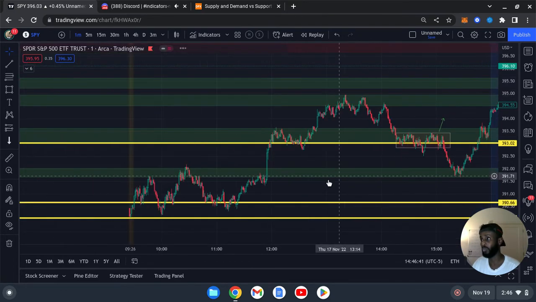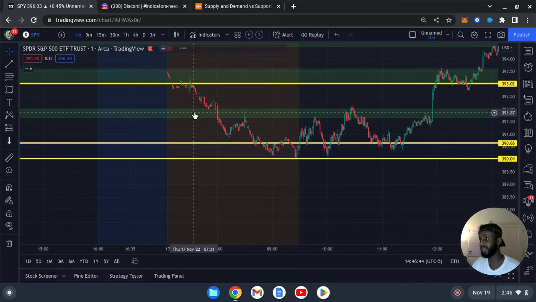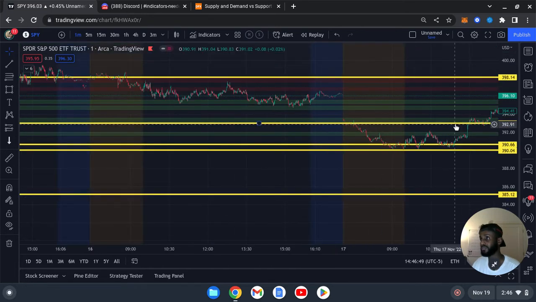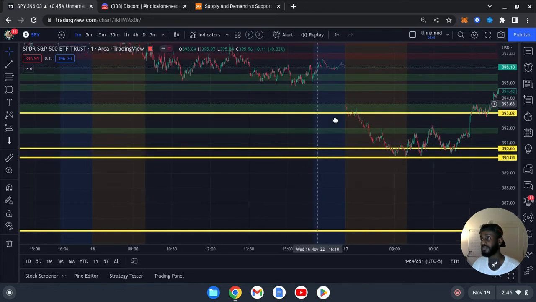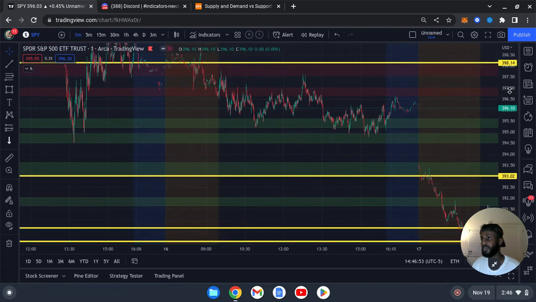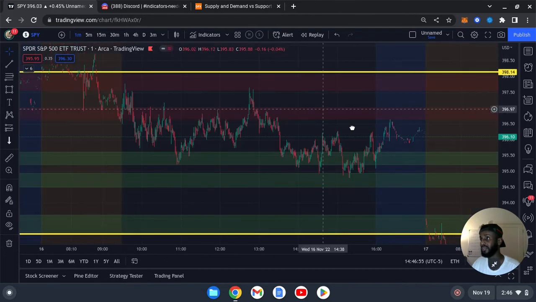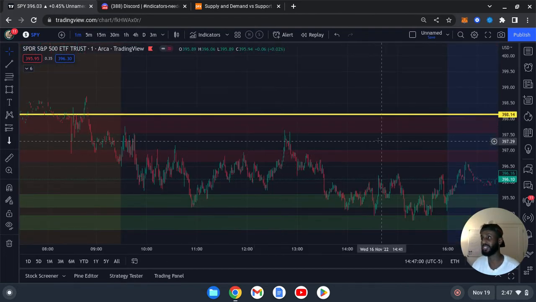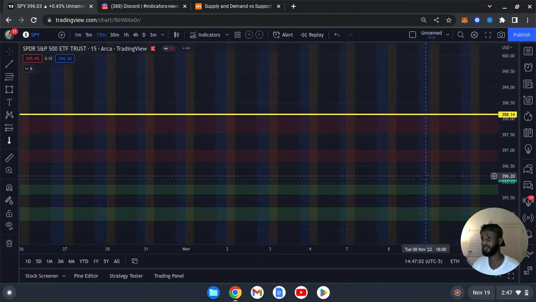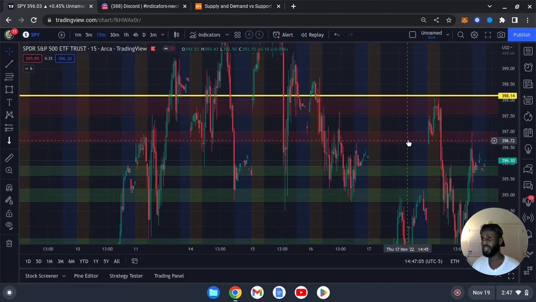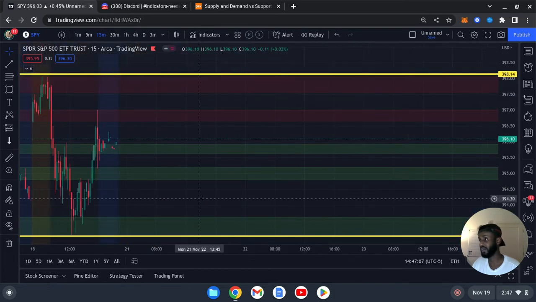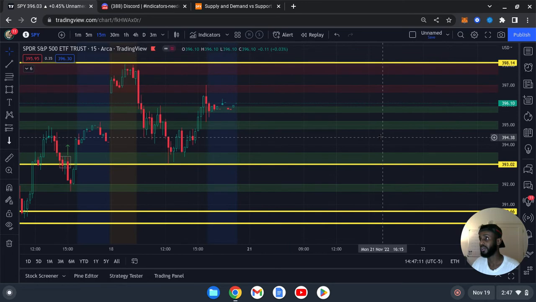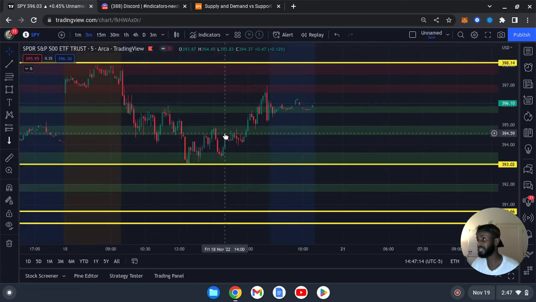We are only looking for trades at areas where we have a zone and we have a support or resistance level that is nearby. If we use this in conjunction with maybe a VWAP, we'll find some amazing trades.